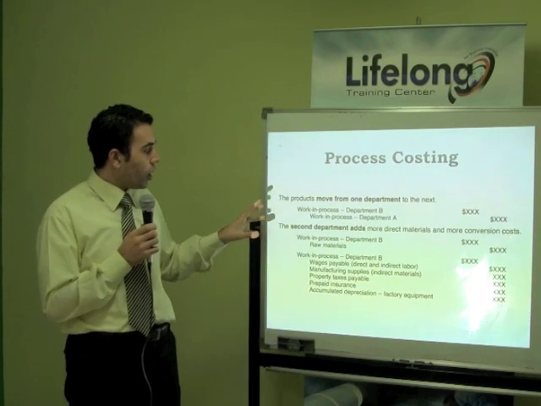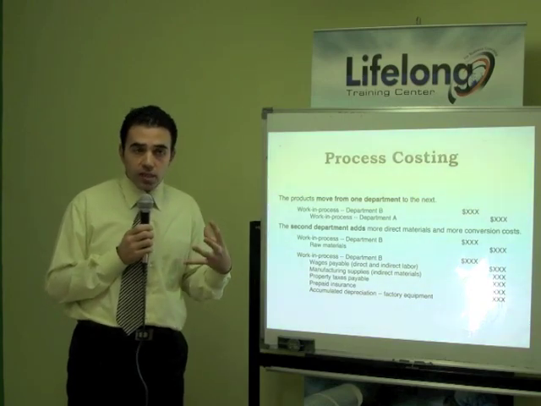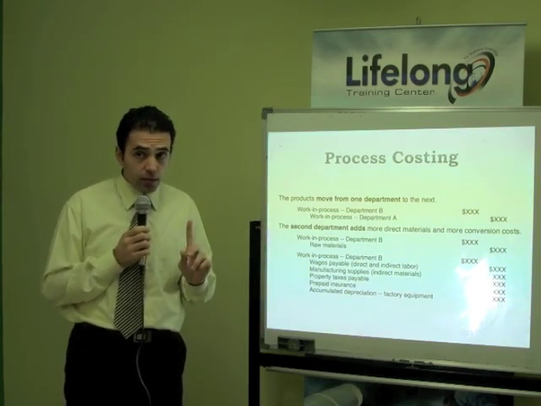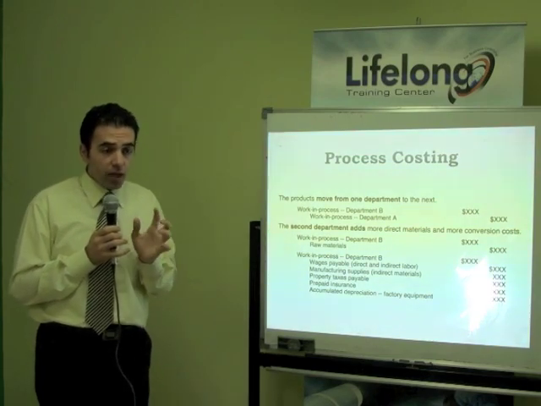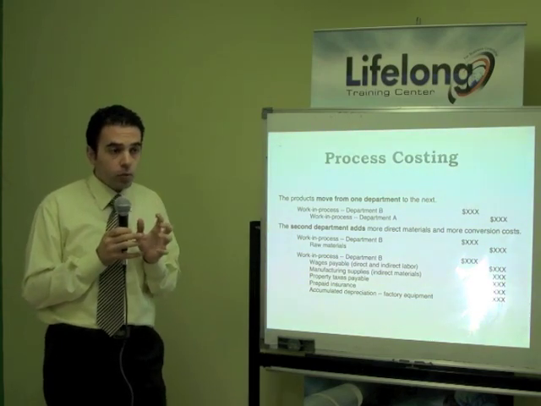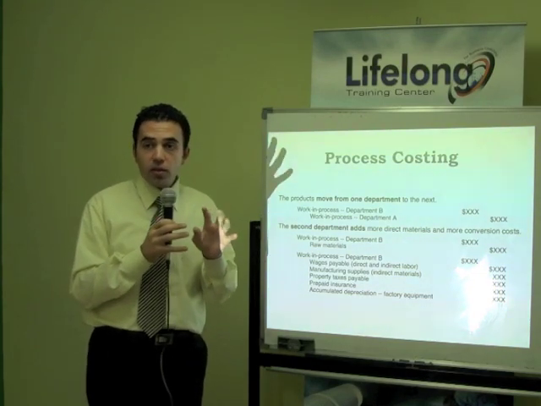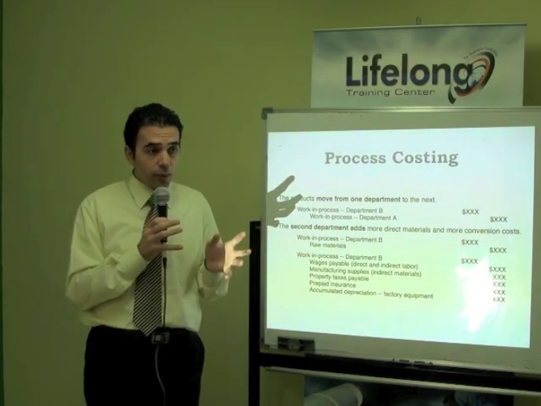Then, when we are moving, look, we are working in a process here, so we are doing the same thing for each department. Department 1 is just creating the product. Department 2 is just putting the products together. Department 3 is just creating different colors for the product.